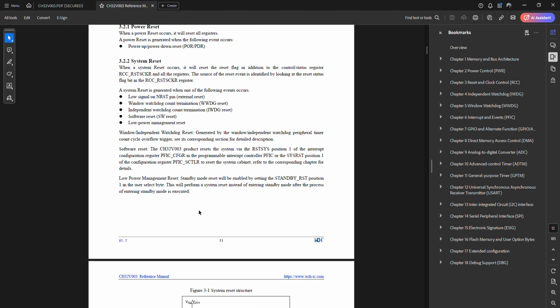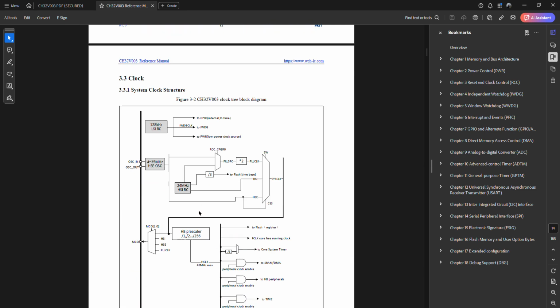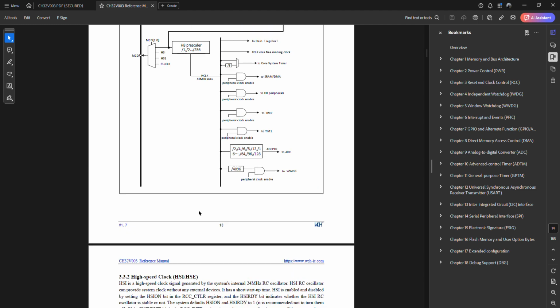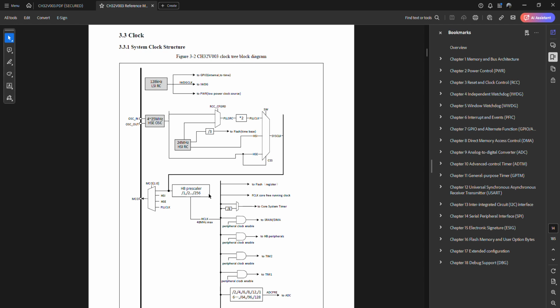So the reference manual is only needed if we want to go really deep, but most of the time that won't be needed because, as I said, it's very similar to STM32s, so we can guess certain things without even looking at the datasheet or the reference manual at all.